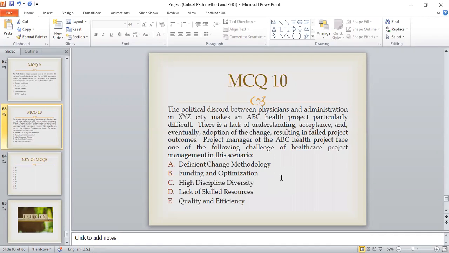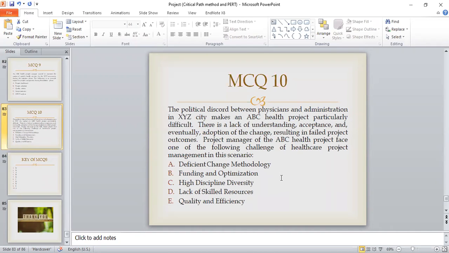Alpha. As in my challenges slide, one of the most common challenges facing healthcare projects in public health is the deficient change methodology, which includes a lack of understanding, acceptance, and adoption of any change, which can result in failed project outcomes.